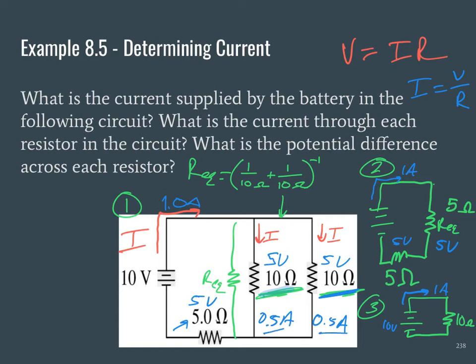So I got 0.5 and 0.5, and that makes 1 amp. You might have done that intuitively: if it's equal resistances, they're going to each get half the current. So that's how we analyze these complex circuits. We draw these equivalent resistance circuits, which make it easier and easier, and then we work our way backwards with the information that we can learn from that equivalent resistance circuit. It takes some practice because it is kind of a weird concept, but we'll get some practice with that coming up.